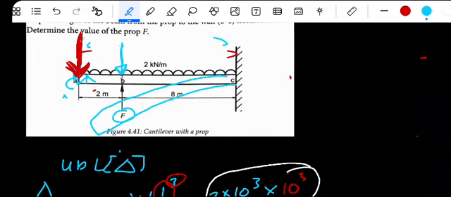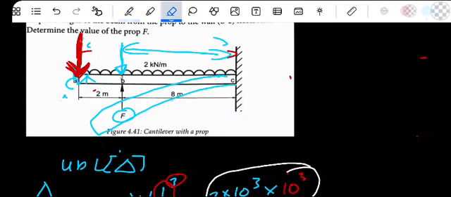So as you can see, we cannot use this directly; this will be just an additional force.